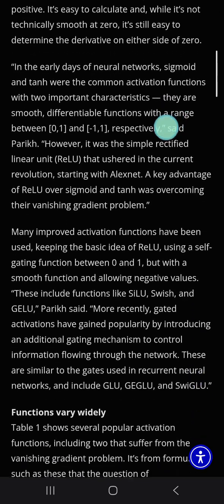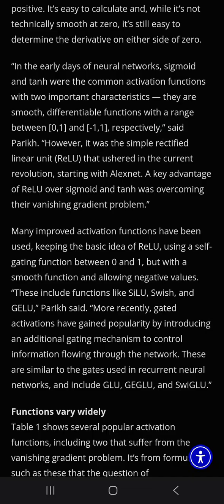However, it was the simple rectified linear unit, ReLU, that ushered in the current revolution, starting with AlexNet. A key advantage of ReLU over sigmoid and tanh was overcoming the vanishing gradient problem.